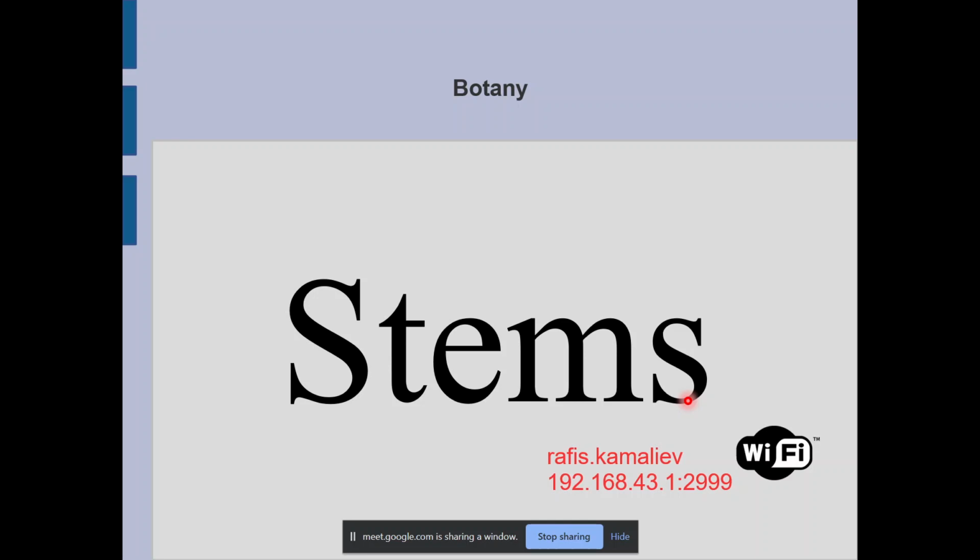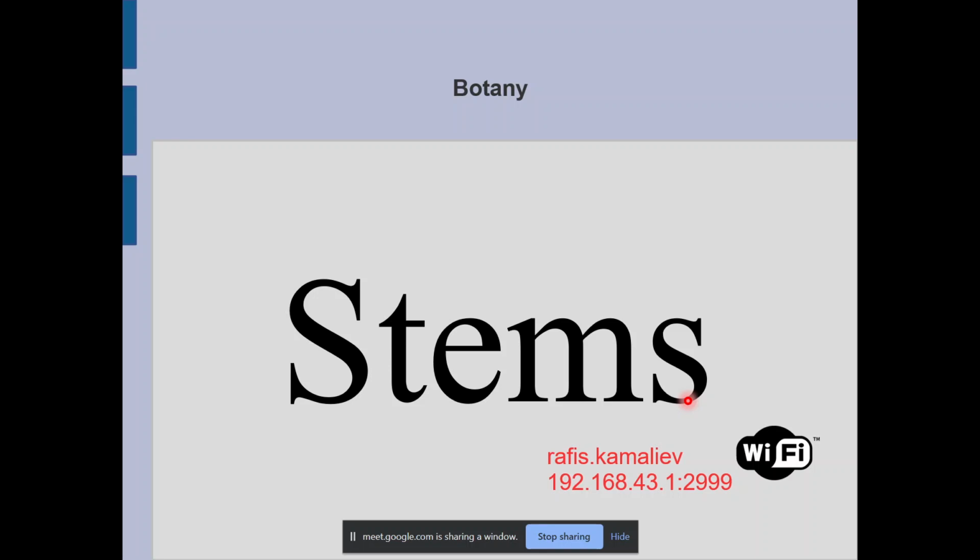Stems link plants' roots and leaves, and usually are aerial and usually may take different forms. They can be very small, can be very large.